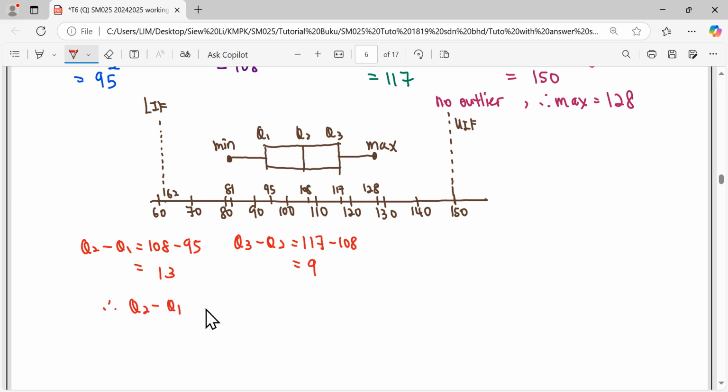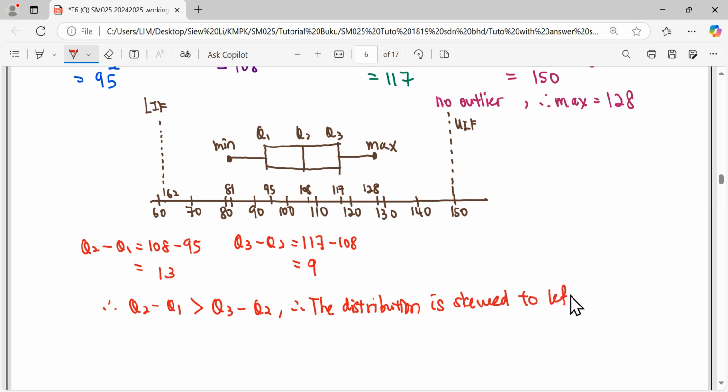Since second quarter minus first quarter is more than third quarter minus second quarter, therefore the distribution is skewed to the left. Or you can put it that the distribution is negatively skewed. Skewed to the left and negatively skewed are the same. So that's all for this. Thank you for watching.